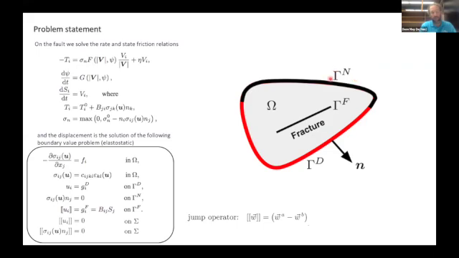This gamma n will be referred to as our Neumann boundary, the places on the boundary where we have Neumann data, and gamma d will be places where we prescribe Dirichlet data, and n will be our unit normal. So what we're interested in doing is developing methods that solve this coupled problem of rate and state friction, as indicated up here, with an elastostatic problem.